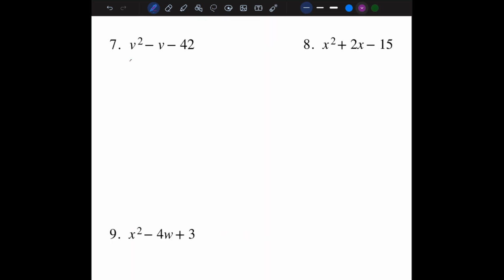All right, no common factors on 7. But I see I have a minus at the back, so 1 positive, 1 negative. I have a v squared, so v and v. And what multiplies to make 42 needs to go at the back. So 42, I've got 1 and 42, 2 and 21, 6 and 7.